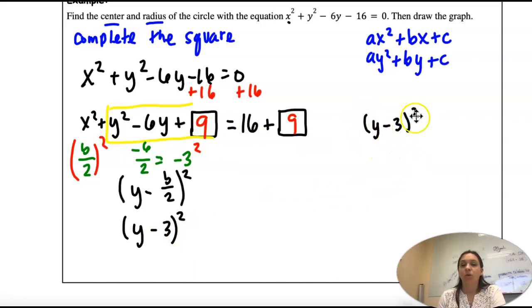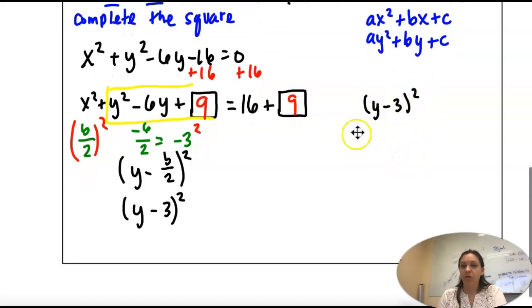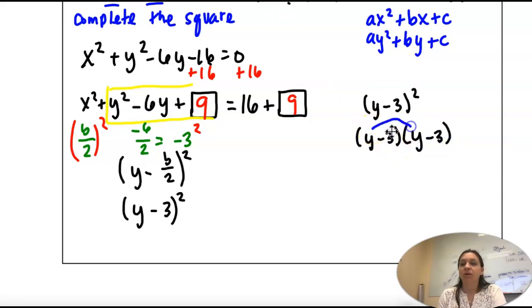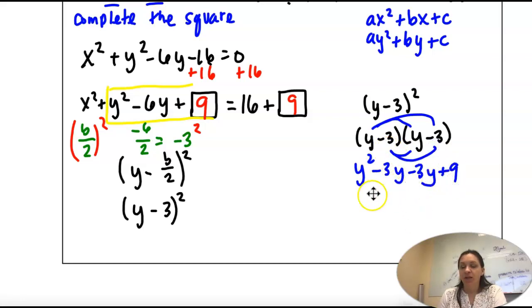When you square something, you multiply it by itself. It's really y minus 3 times y minus 3. So if I were to multiply this out using FOIL, I would get y squared minus 3y minus 3y plus 9. Combine the middle and it would be y squared minus 6y plus 9. So all we did was add the 9 so we could write it as y minus 3 squared. That's what completing the square is.